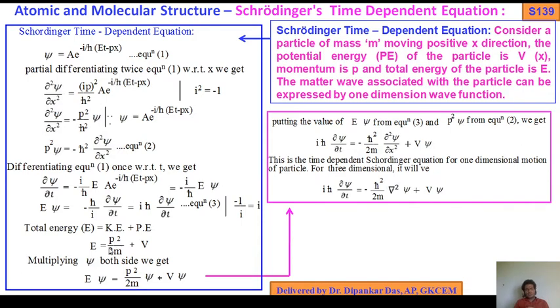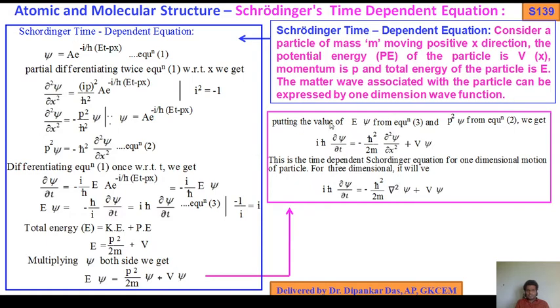So p square by twice m becomes minus h bar square by twice m del square psi by del x square, plus V psi. So finally we get E psi equals to p square by twice m psi plus V psi.